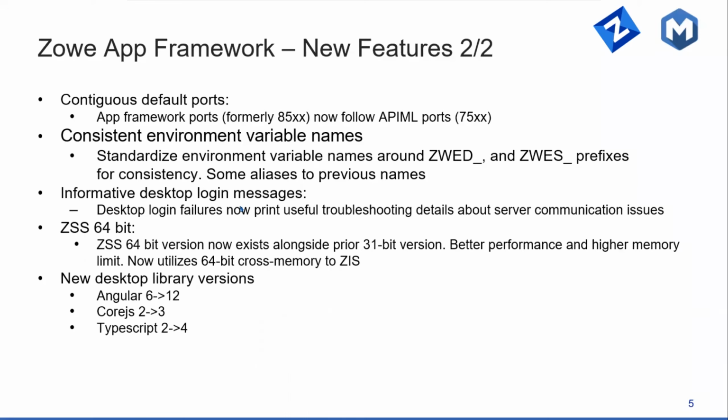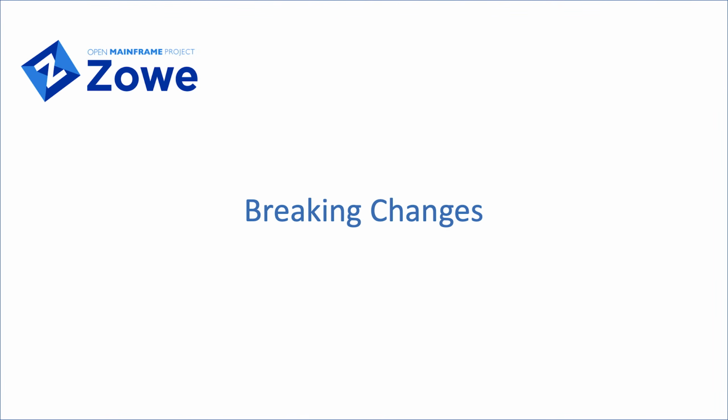There are some refinements under the covers, like RxJS compat has been removed, which just goes hand in hand with Angular. So that should slightly reduce the package size. But those three are the main library version changes. Okay, so on to the breaking changes.